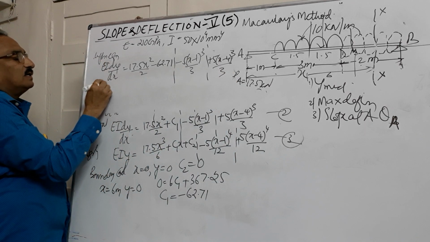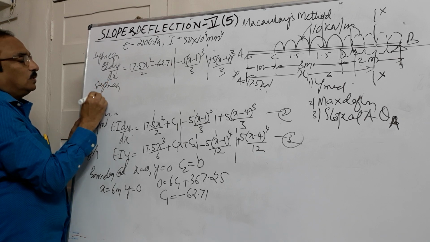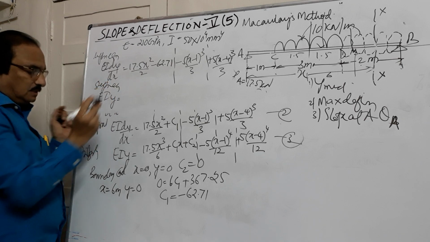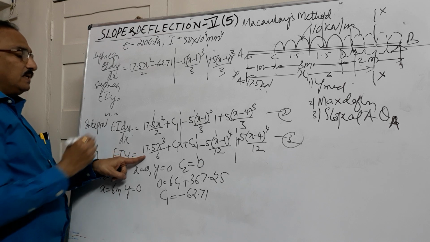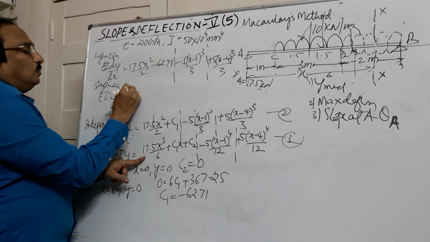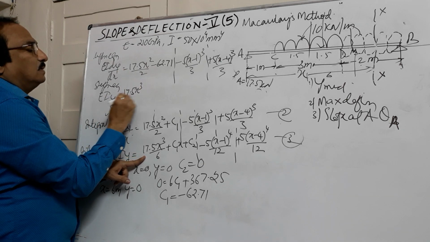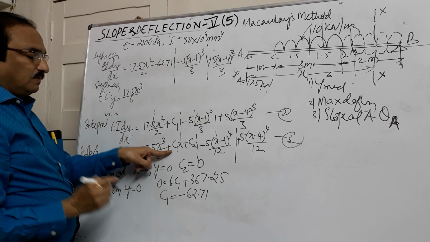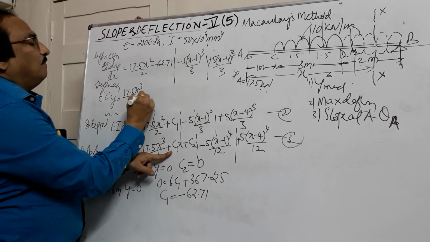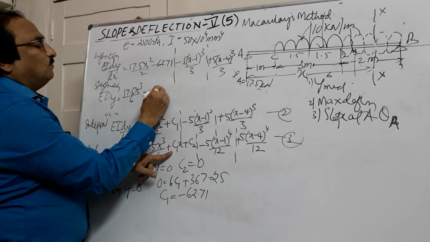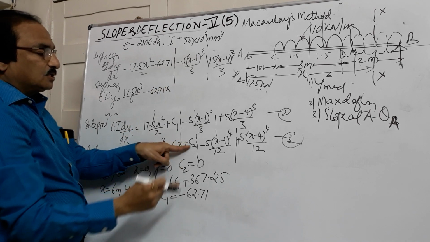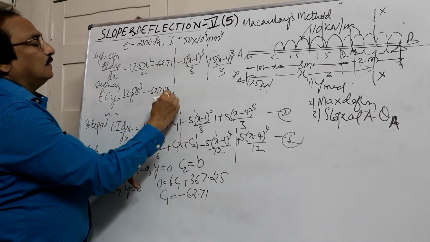Then you will go for the deflection equation. So EI into y, this is the deflection equation, will be 17.5 x cube by 6 plus C1, the C1 value is minus 62.71, into x. The C2 value is 0, we leave that.